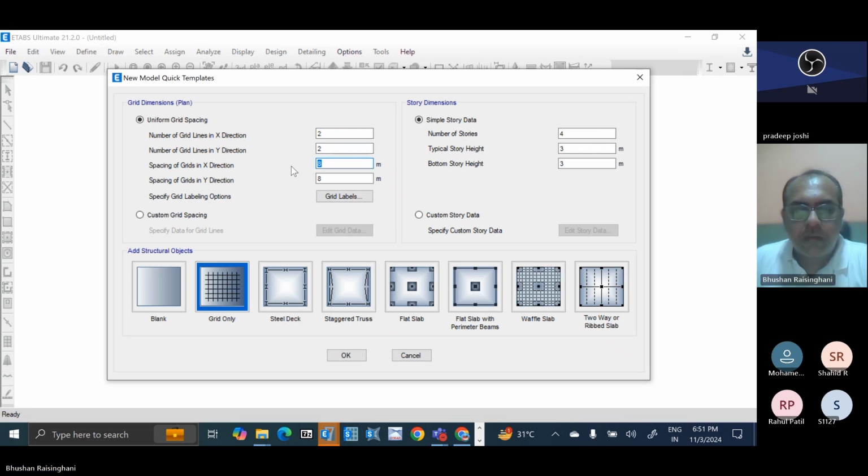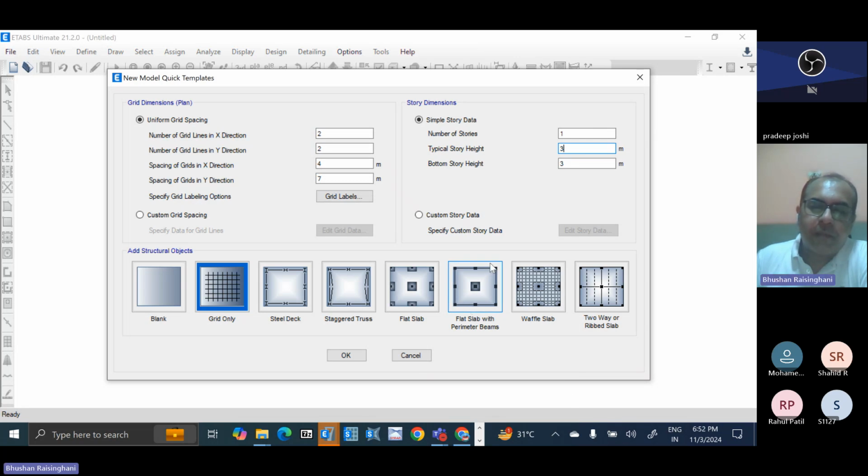The height is not of that particular importance. So there is an option of flat slab with perimeter beams. I think all buildings with the core at the center are modeled with perimeter beams at the corners.